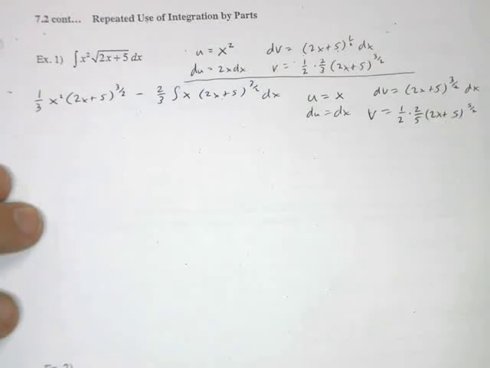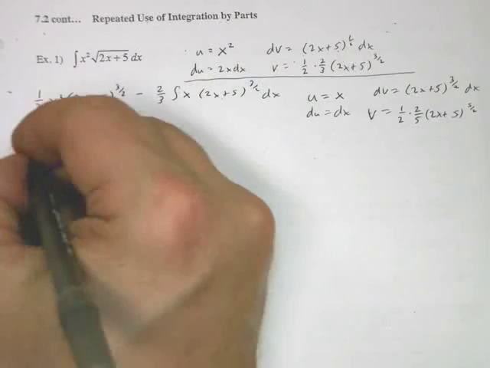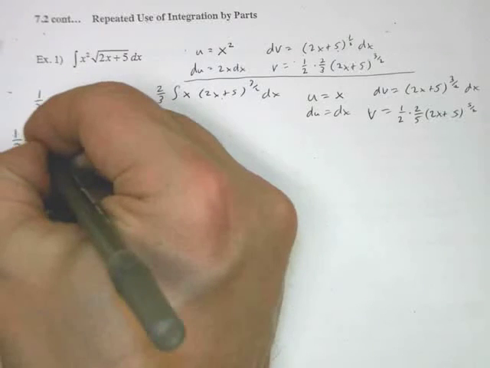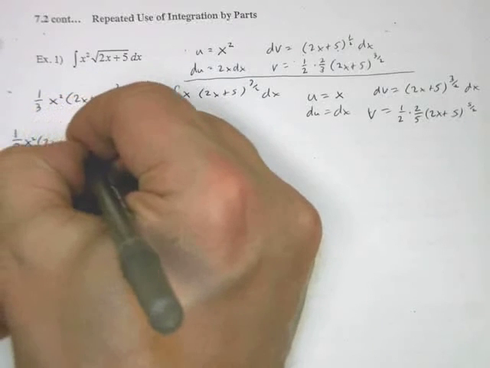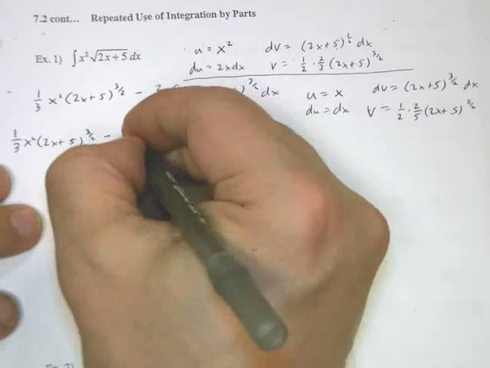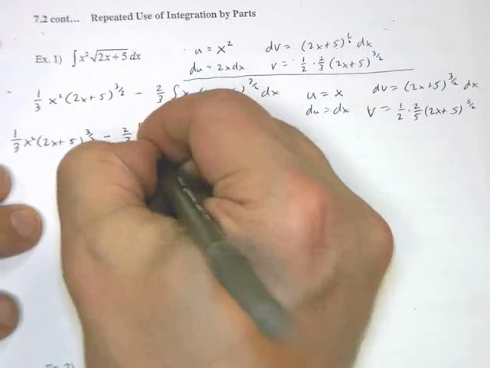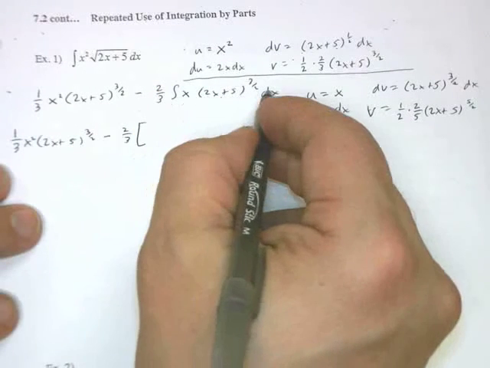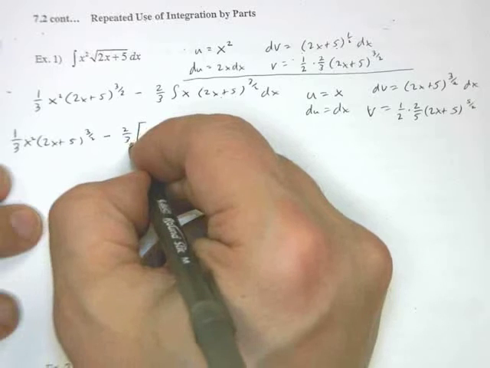Okay, so I'm going to rewrite this again. So already I still have the 1/3 x squared times (2x plus 5) to the 3/2 from the original problem, minus 2/3 times, now I've integrated this integral using integration by parts, so 2/3 gets multiplied by all this.